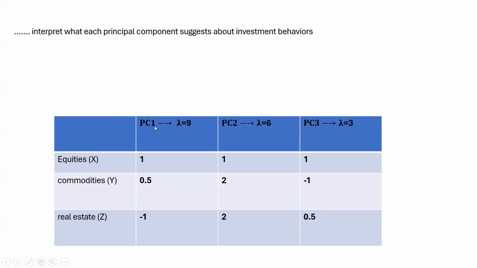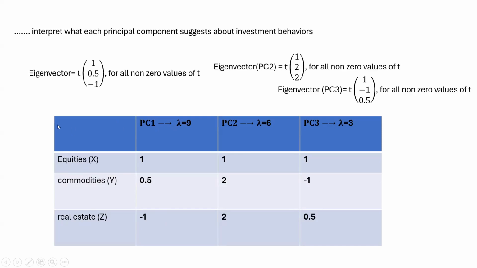So the first principal component, which is the eigenvalue 9 that we found last, means that in X it is 1, in Y it is 0.5, in Z it is -1. This is the weighting ratio.